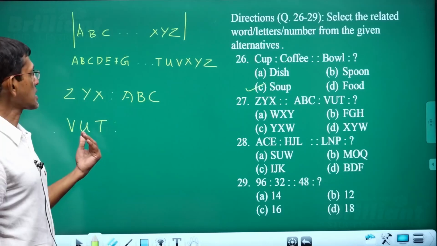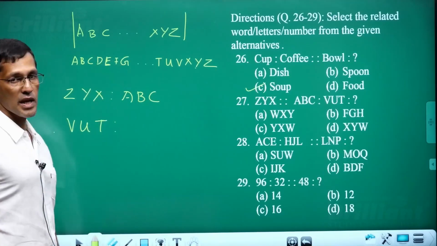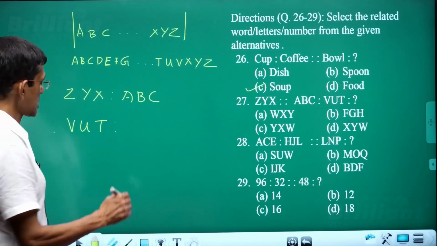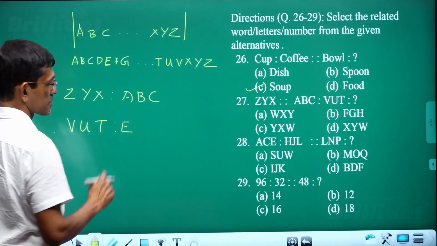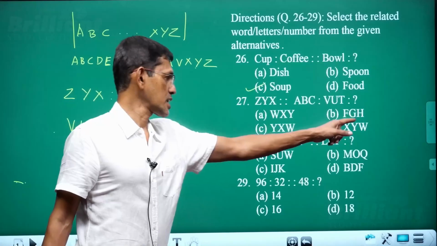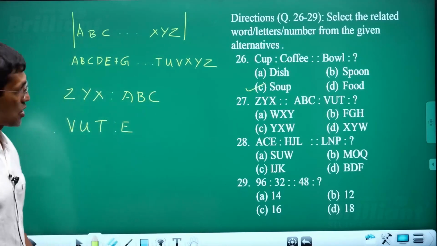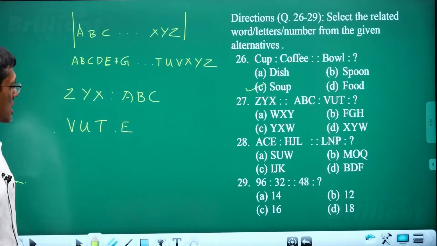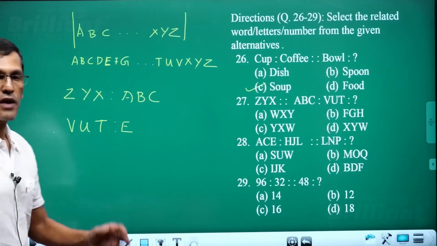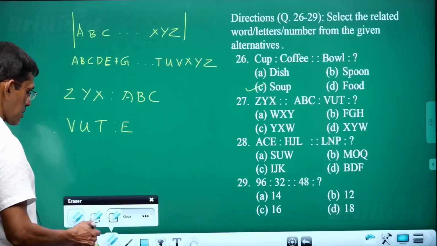U is the fifth letter from the right end. Same way, the fifth letter from the left end is what? 1, 2, 3, 4, 5. E, correct? E. However, when you look at the answer choices, there is not a single answer choice starting from E. So the pattern we are taking right here doesn't give us the answer. So we have to think about some other possibility.